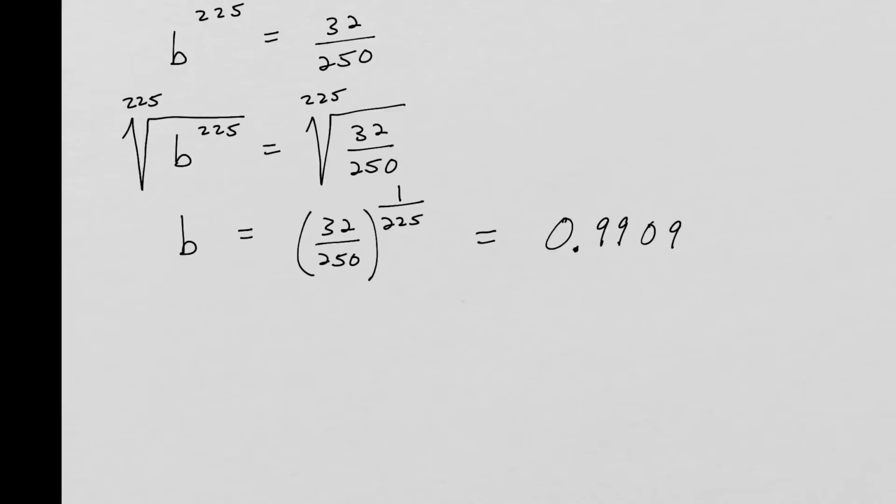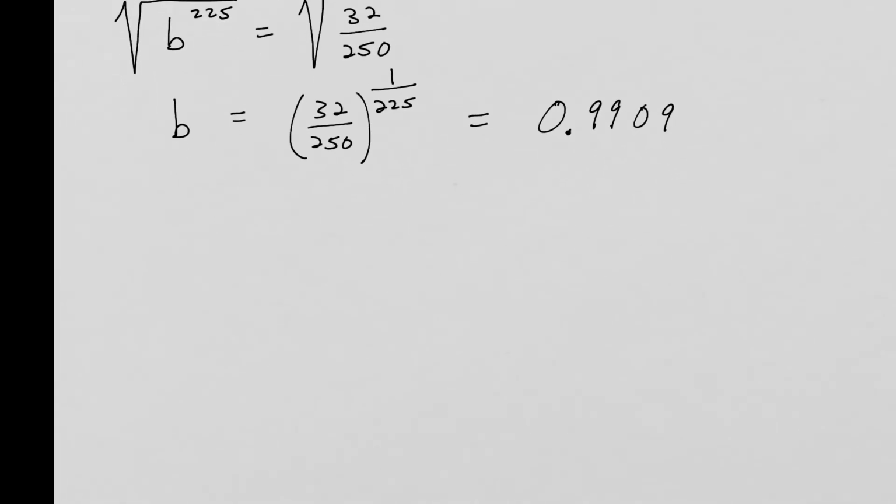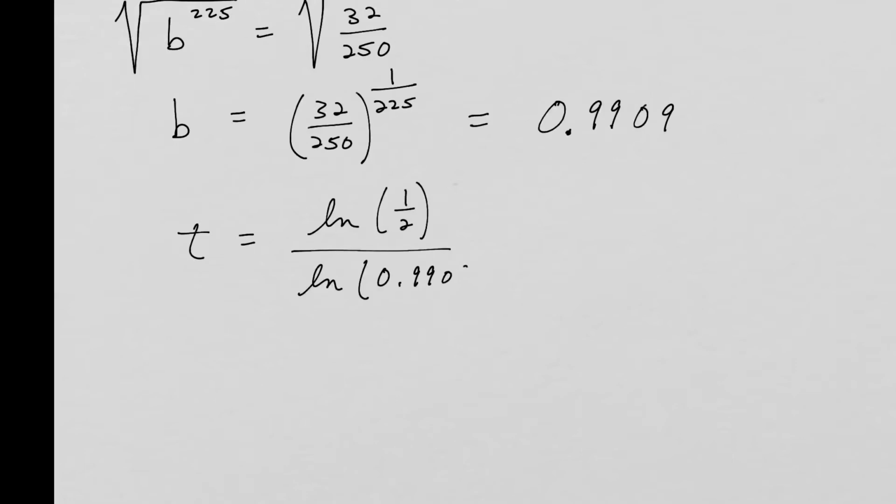Okay, so now that we have b, we can find the half-life. Remember, the half-life, the time for half of the substance to decay, is the natural log of 1/2 divided by the natural log of b, but b we know is 0.9909.